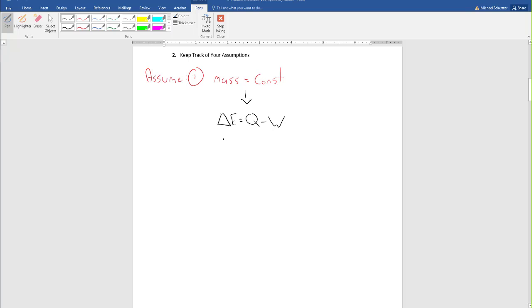Or in this case, because there's two processes, we're going to say that E2 minus E1 is equal to Q1 to 2 minus W1 to 2, and E3 minus E2 is going to equal Q2 to 3 minus W2 to 3.